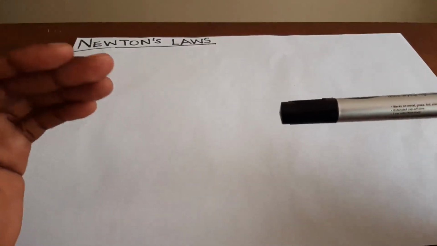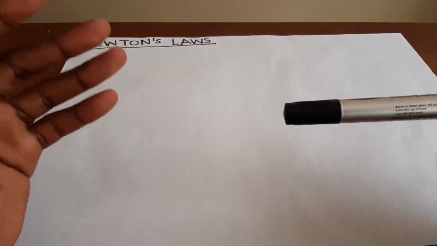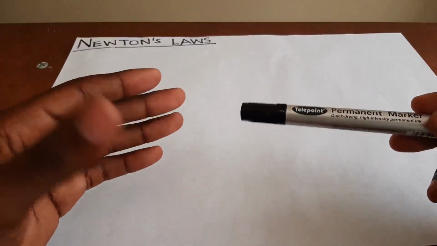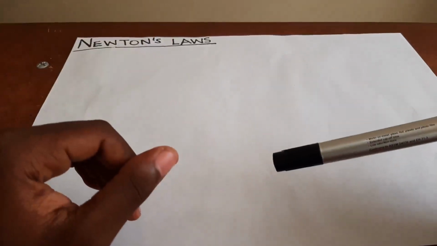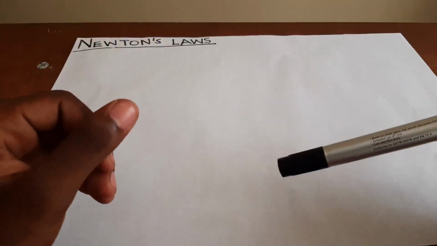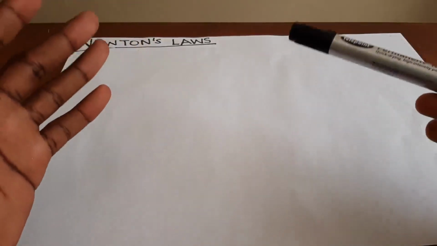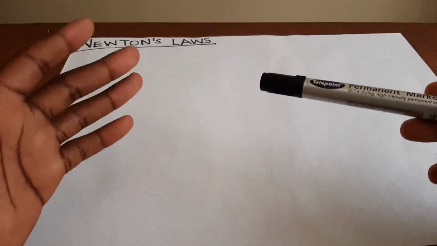A contact force must touch, meaning that there must be a physical touch between the applier and the object that the force is being applied on. There must be contact with an object to cause a change.